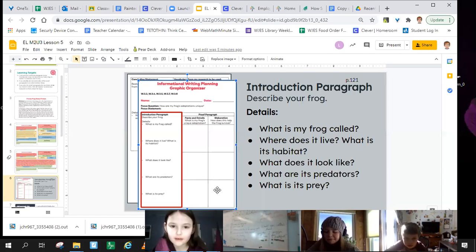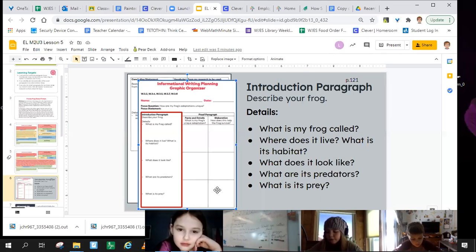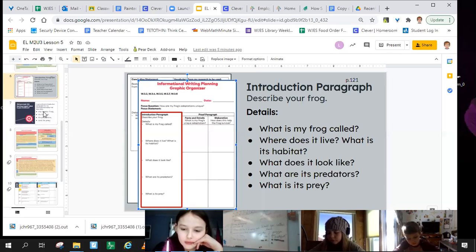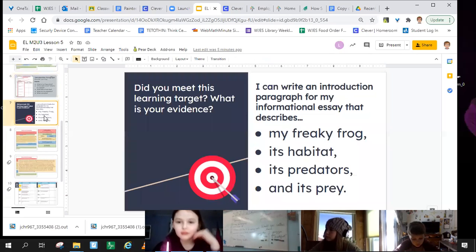All right. I know some of you aren't finished. Don't be stressed. I'm going to give you some more time here in a minute. Okay, everybody should still have page 121 out, because that's what we're doing next. All right, so real quick, the learning target that we started out with was that you were going to have an introductory paragraph.